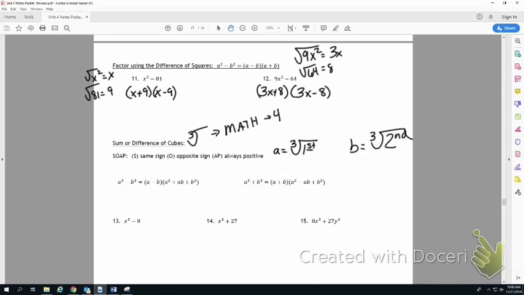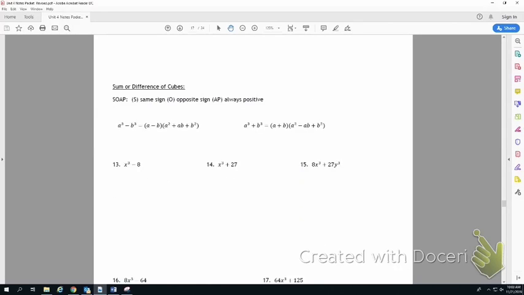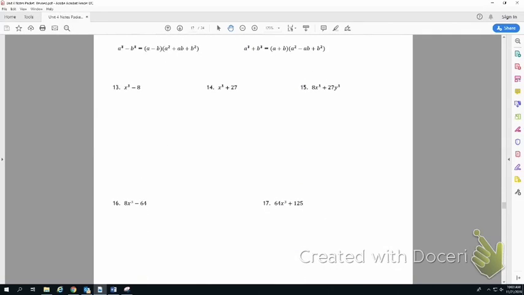Okay, so let's go to this first one. It is subtraction. So again, the first thing I'm going to do is put my signs in. So I've got same, opposite, always positive. After that, my A value on this one is going to be what?